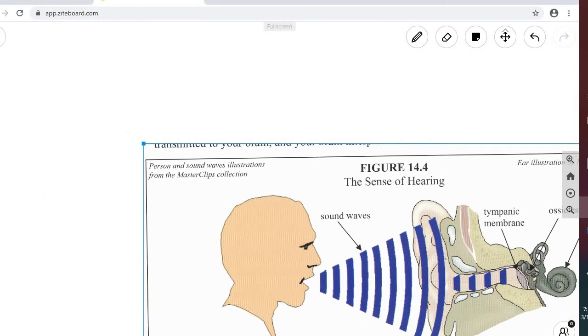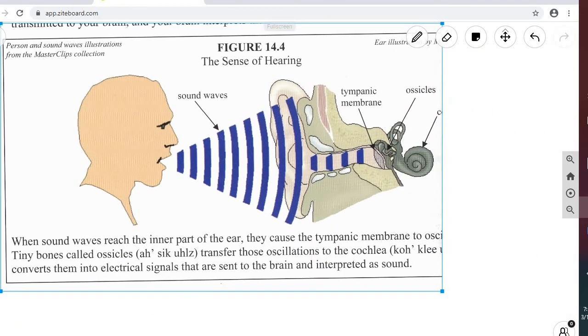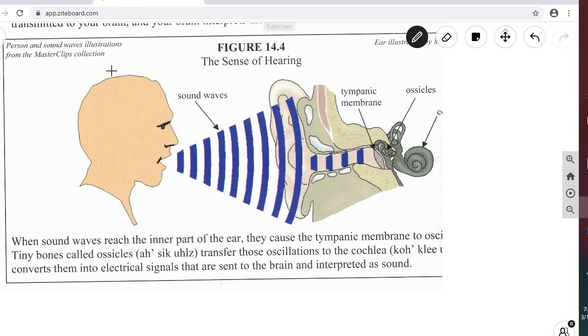Okay, so this figure is showing that as the sound waves leave this person's mouth, those sound waves travel through the air, and as they travel through the air, they oscillate the air, and then they go into your outer ear and the ear canal, and then they hit this structure right here, which is a thin piece of tissue called the tympanic membrane.